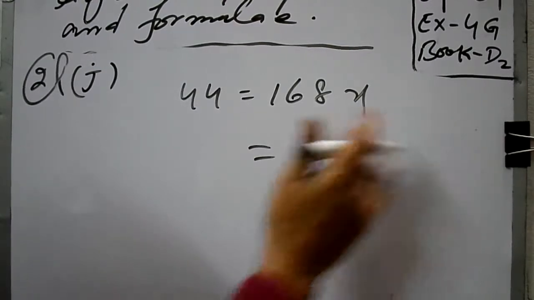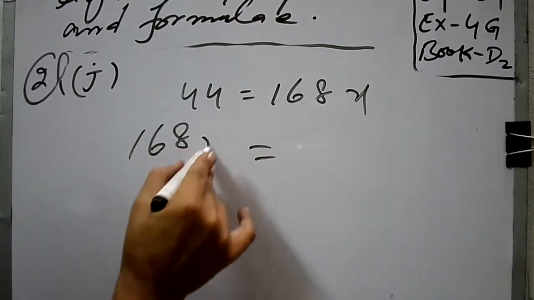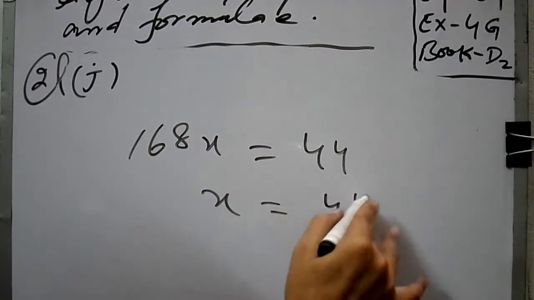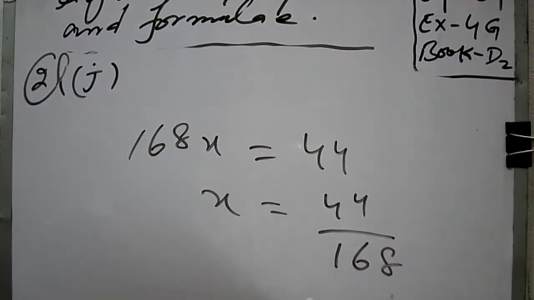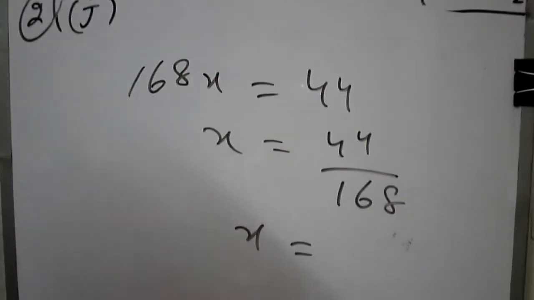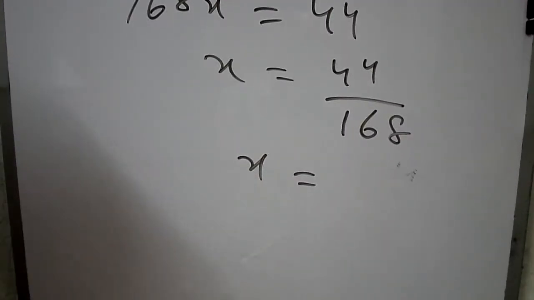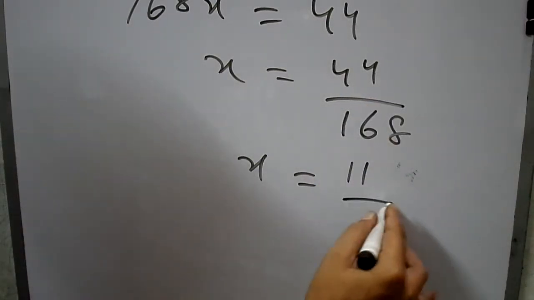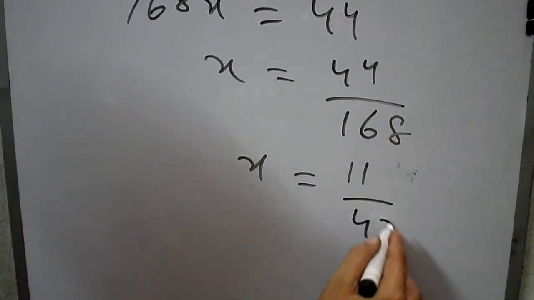So you need the value of x, so 168 is divided, so you can see what is the value of x. So after division you will get, that is by simplification, 11 by 42.